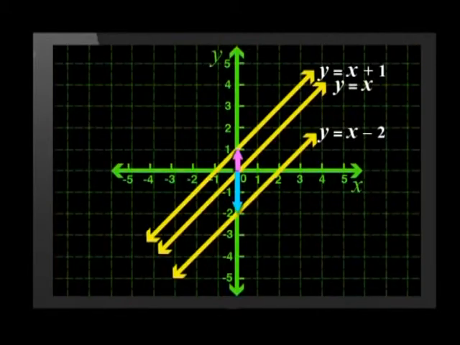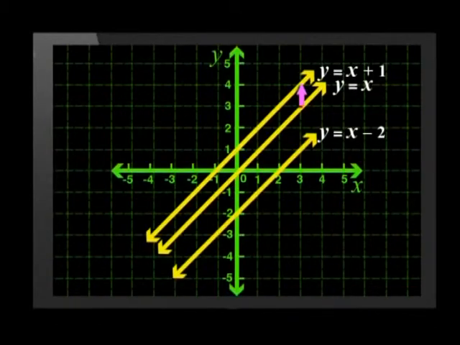Yes, but remember, if we want to prove that the lines are parallel, we must make sure the graphs are the same distances apart anywhere we look. Here, where x equals 0, it is easy to see the distances between the parent graph and the shifted graphs. Sure, but it's still the same where x is 3. Look, the distances between the lines are still the same. 1 between these 2 and 2 between these 2.